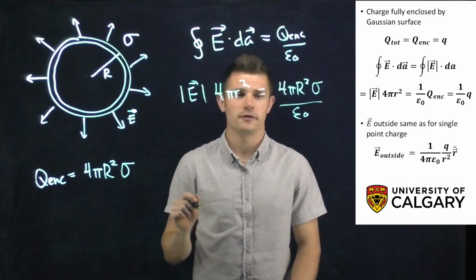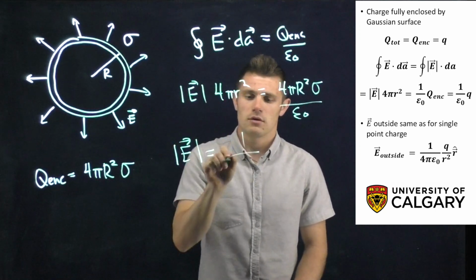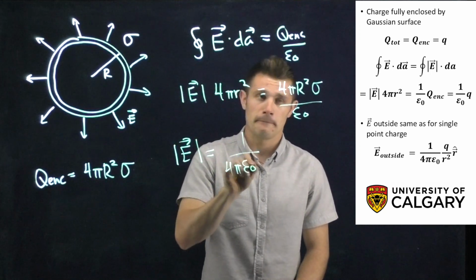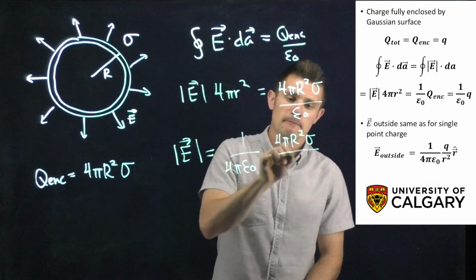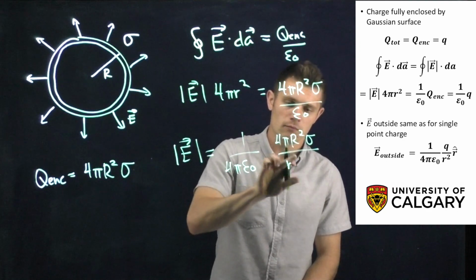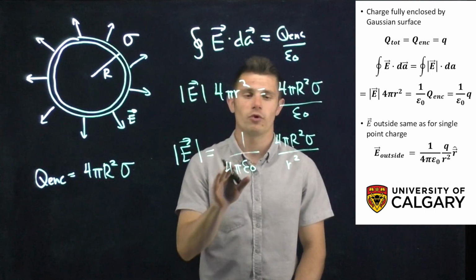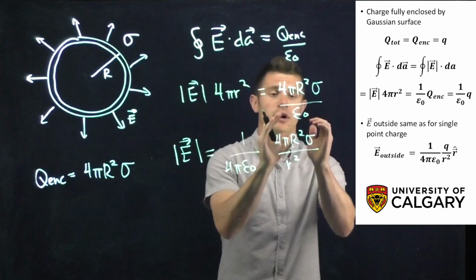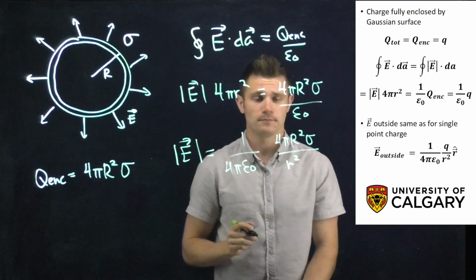Solving through for the electric field, we find that the electric field is equal to some constant 1 over 4 pi epsilon naught multiplied by our enclosed charge over this factor r squared.